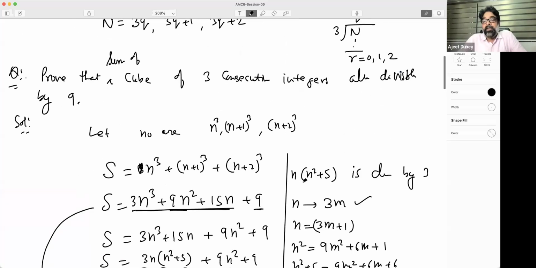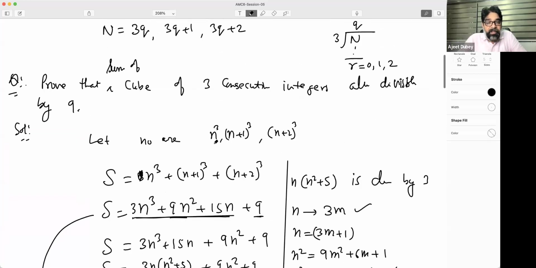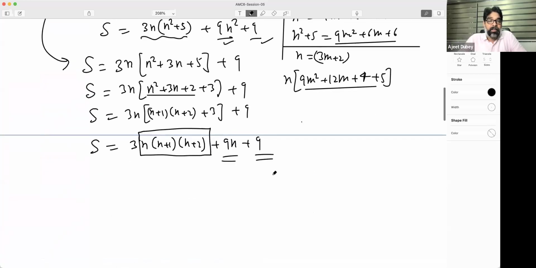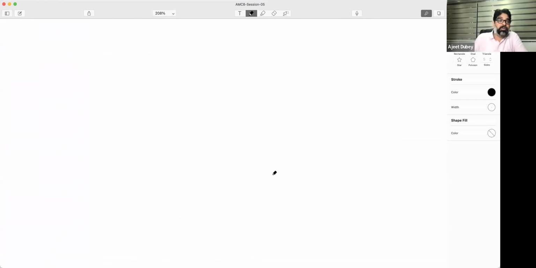In the other way, we did it by the general method. Another way we can do it is to take the number itself from the start and prove it's divisible by 9. We can take the number this way also: 3q, 3q plus 1, 3q plus 2. These are three consecutive integers. Yes or no? Yes, sir.